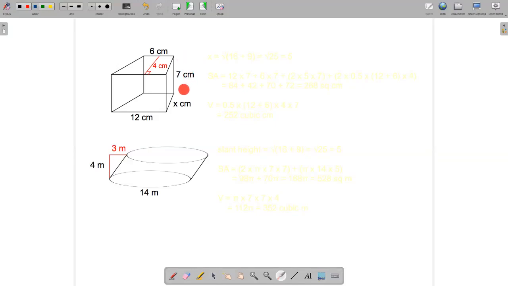So here I've got another right prism, but my base is a trapezoid, where the two parallel sides, one is 12 centimeters, and then one is 6 centimeters. Okay, and then these sides here are not parallel.